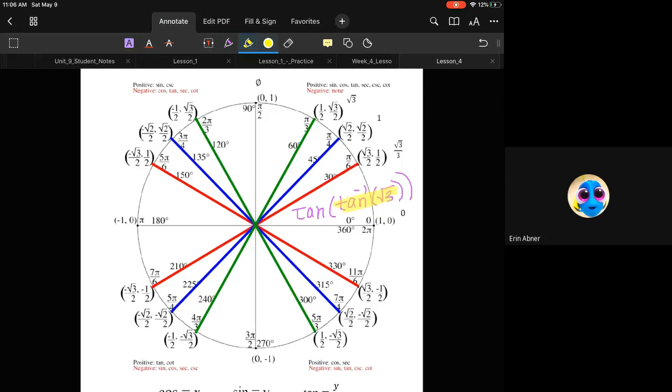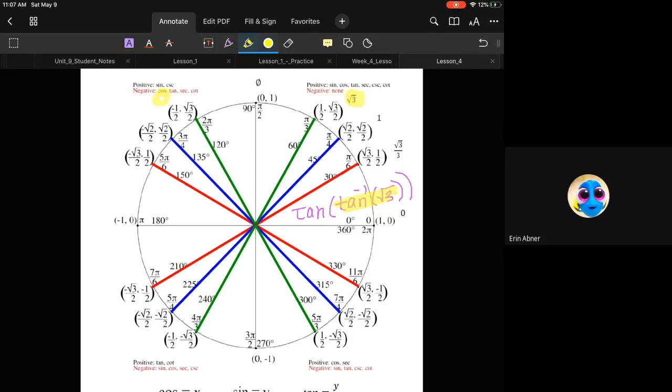So for tangent, where I come up with a positive square root of 3 is here. And the tangent values repeat on the other side. They go down. They go the same way. And so square root of 3 would be here if it's positive, but it would also be here if it was positive.